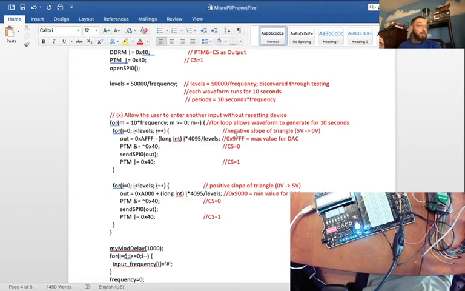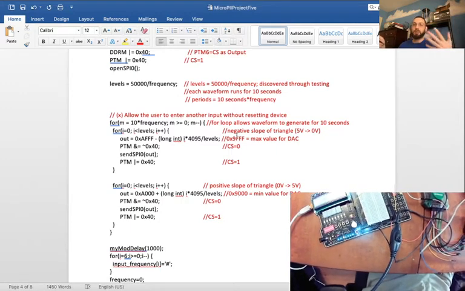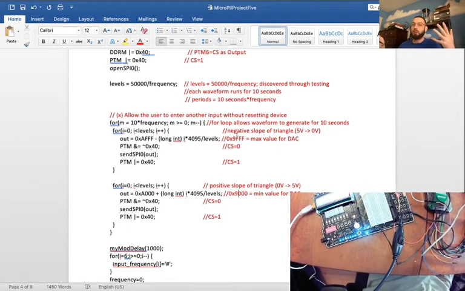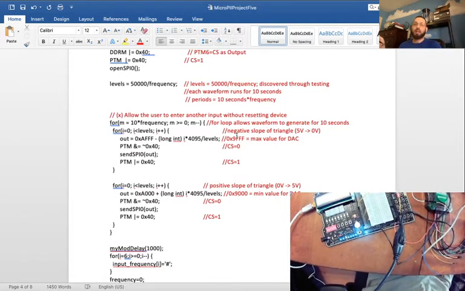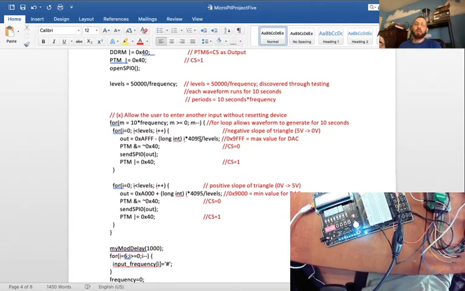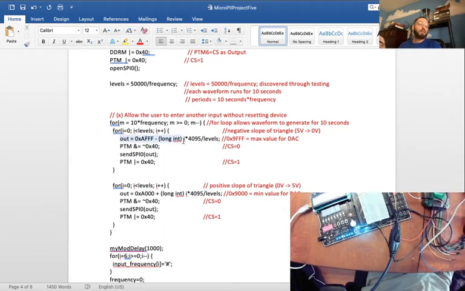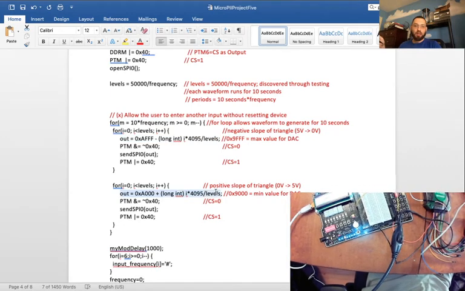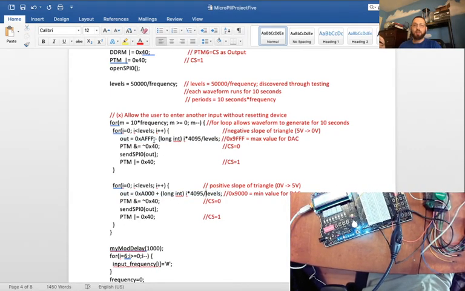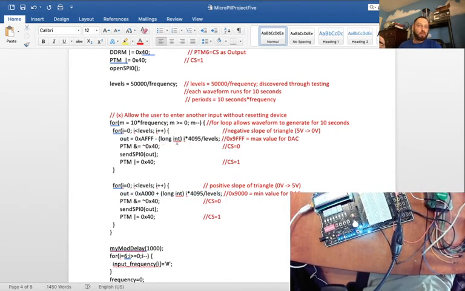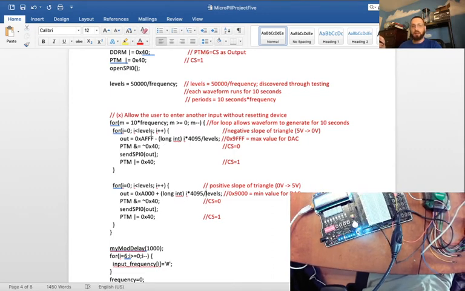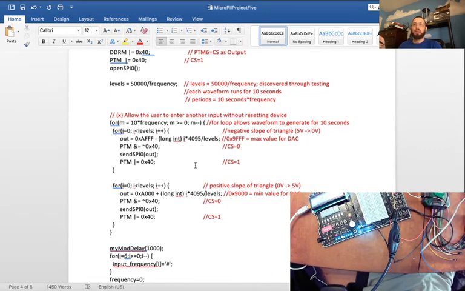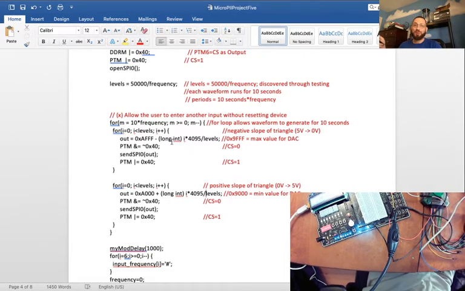Now this is a little misleading in how I'm explaining it because there's only 1023 levels to the DAC, but there are those 2 extra bits that we don't care about, but we still need to fill. And so in terms of the efficiency of the algorithm, this is a more efficient way of generating it rather than having to do left shifts to get the values in the correct spot, right? Anyway, and it works, so that's cool.